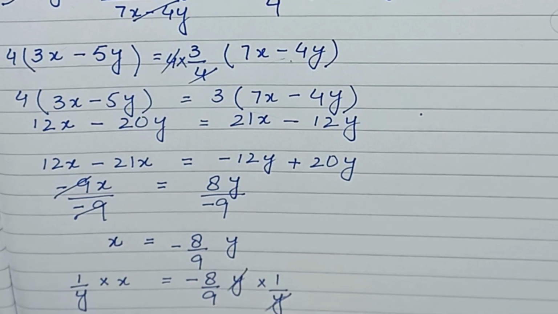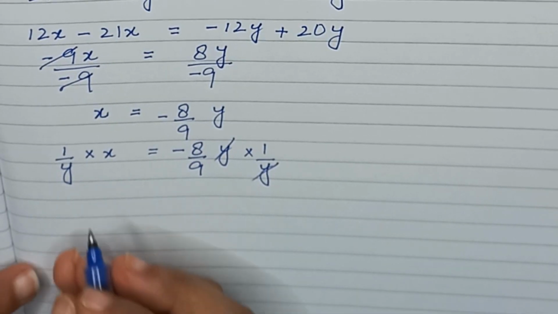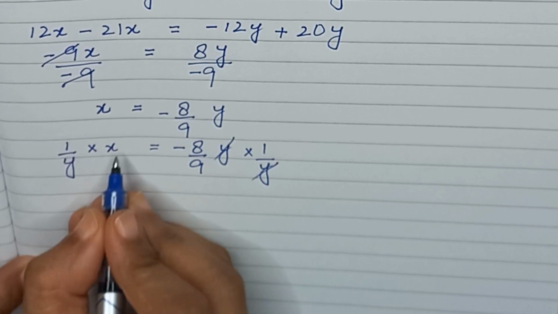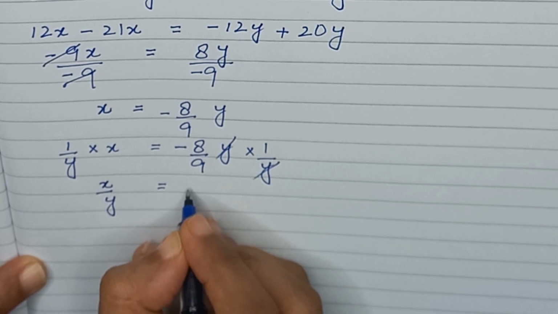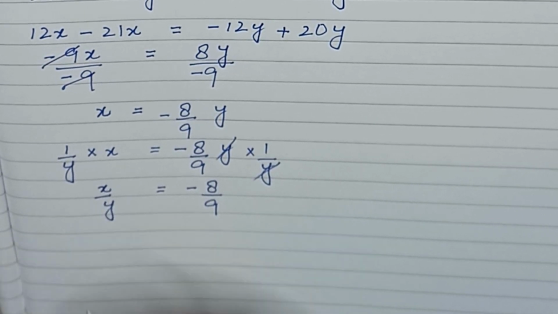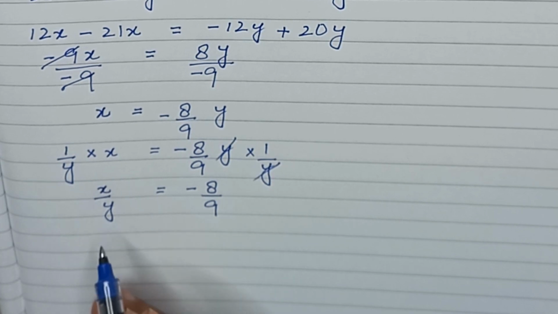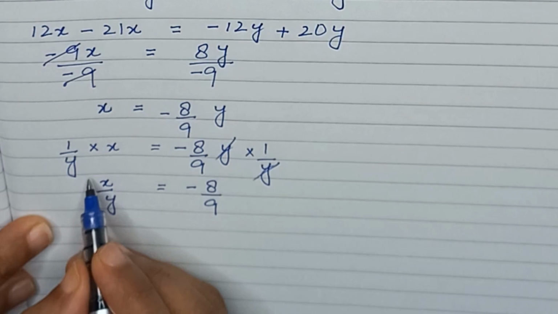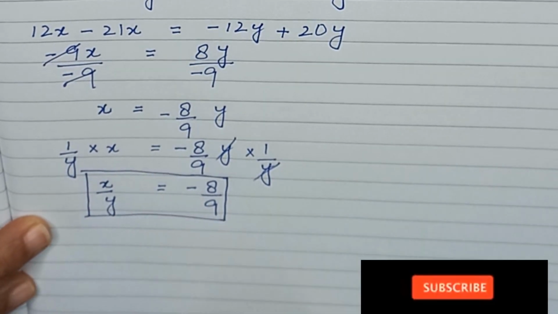So from here y and y will be cancelled out. So it will become 1 into x, which is x divided by y, equal to minus 8 divided by 9. So it is our required answer, which is x divided by y is equal to minus 8 divided by 9.